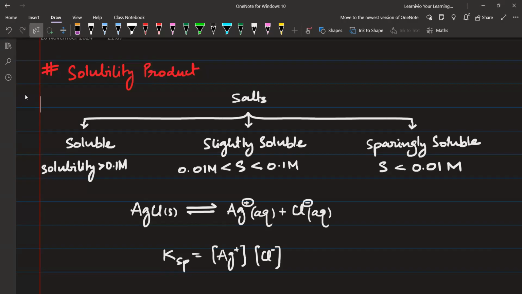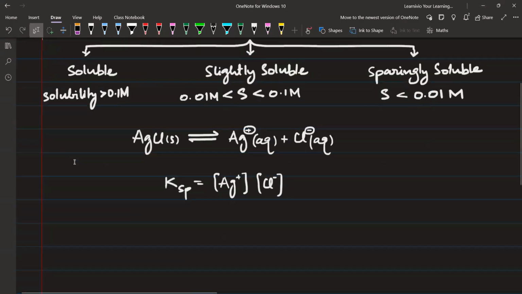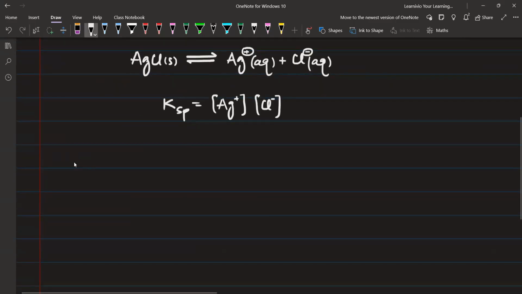ठीक है? तो बोलो भाई. Yes or no? Yes, sir. ठीक है? चलिए. Next, for example, if I have BaSO4 solid, and if it is a sparingly soluble salt, then it is going to get converted to Ba2 positive plus SO4 2 negative.